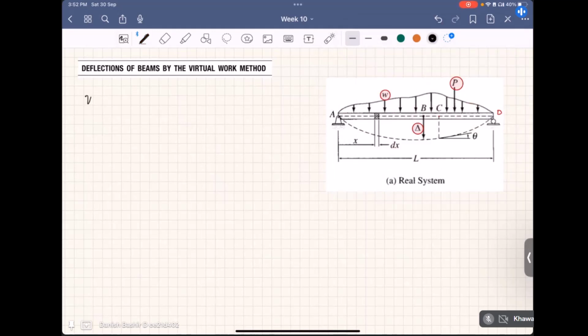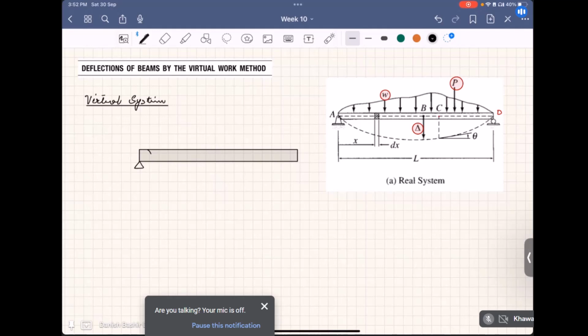So the virtual system will be, so this is our beam.